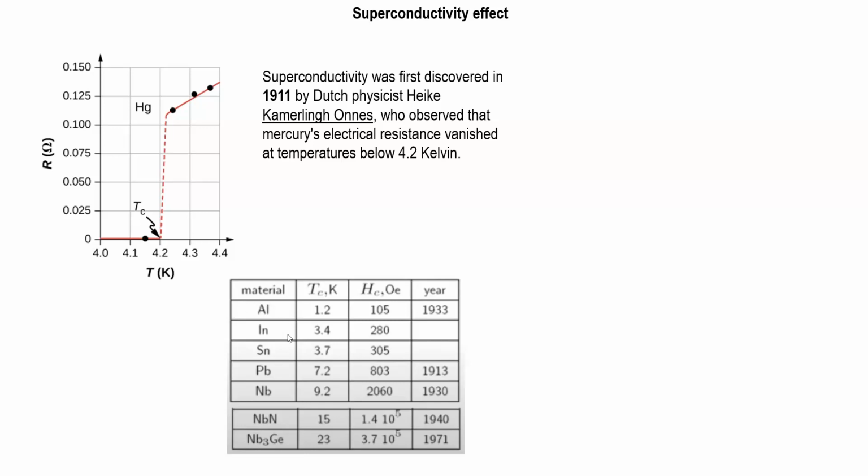So aluminum is the most important material for quantum computers for many reasons. It's a very feasible element, and so on. And the critical temperature of transition of aluminum to the superconductivity state is 1.2 Kelvin.